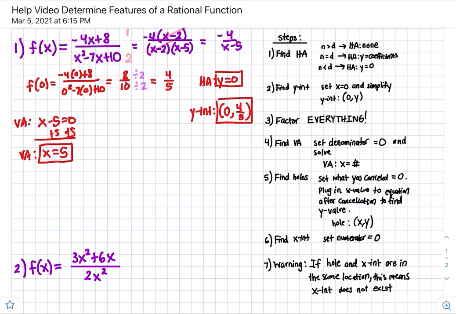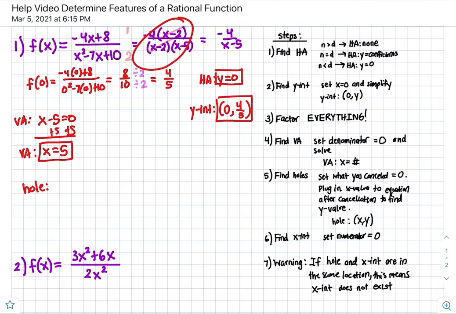Now for your hole. For your hole, it says set what you canceled equal to 0. So what did we cancel? We canceled off the x minus 2's. So x minus 2 is equal to 0. Add 2 to both sides, and x is equal to 2. Then plug in your x value into the equation after cancellation to find your y value.